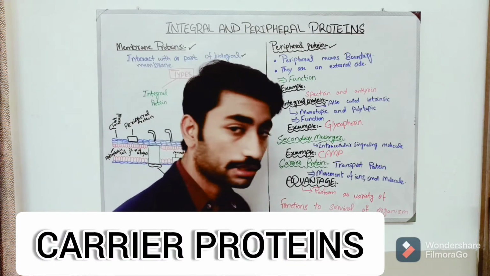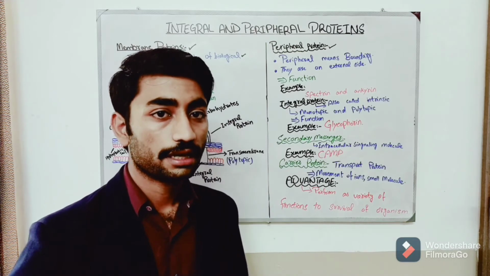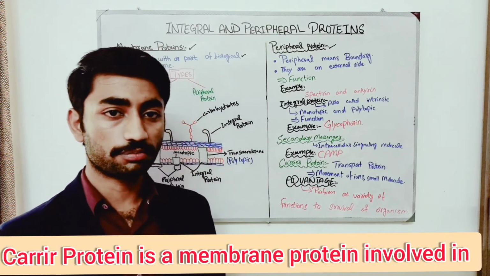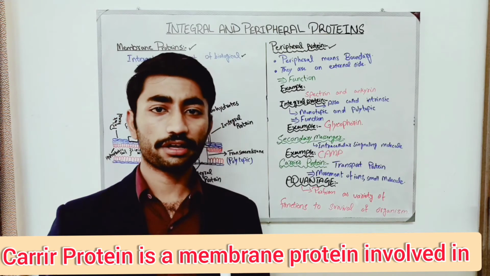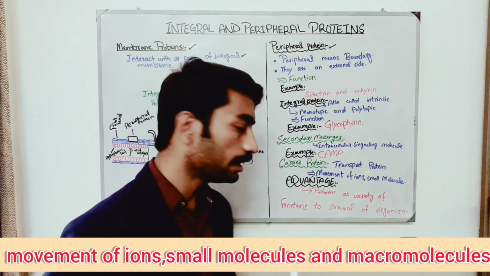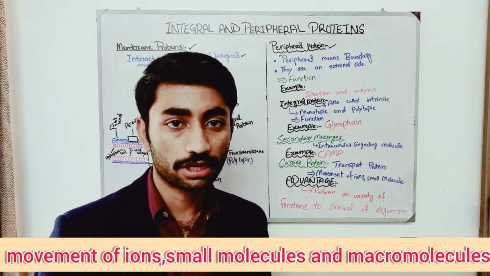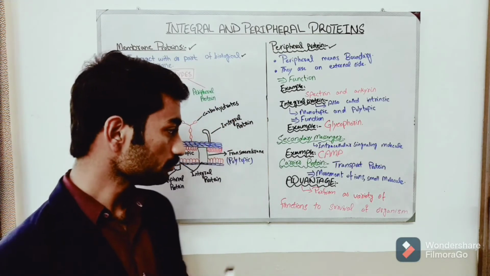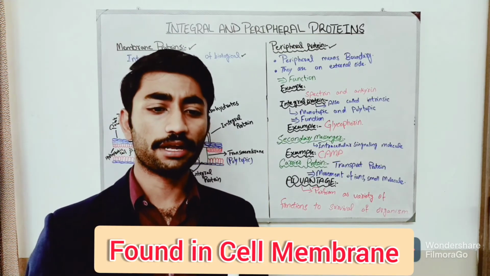Carrier proteins. Carrier proteins are also called transport proteins. Carrier protein or transmembrane protein is a membrane protein. They are involved in the movement of ions, small molecules and macromolecules across biological membrane. Carrier proteins are found in cell membranes.